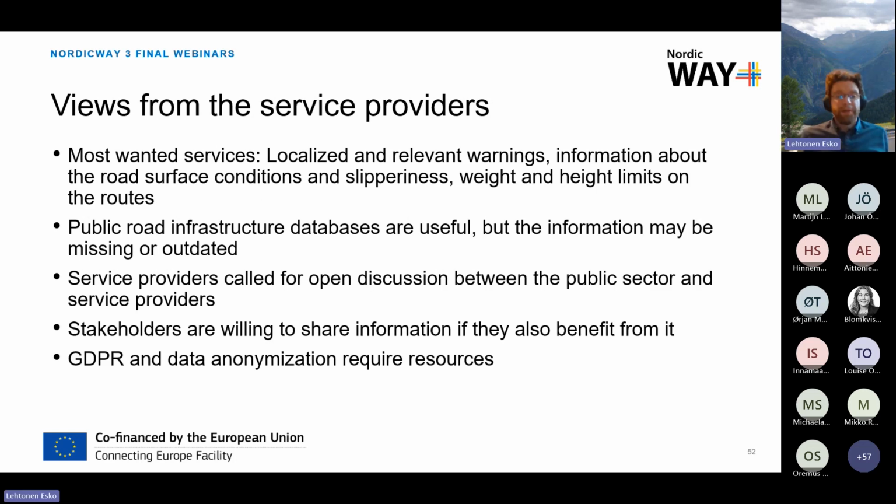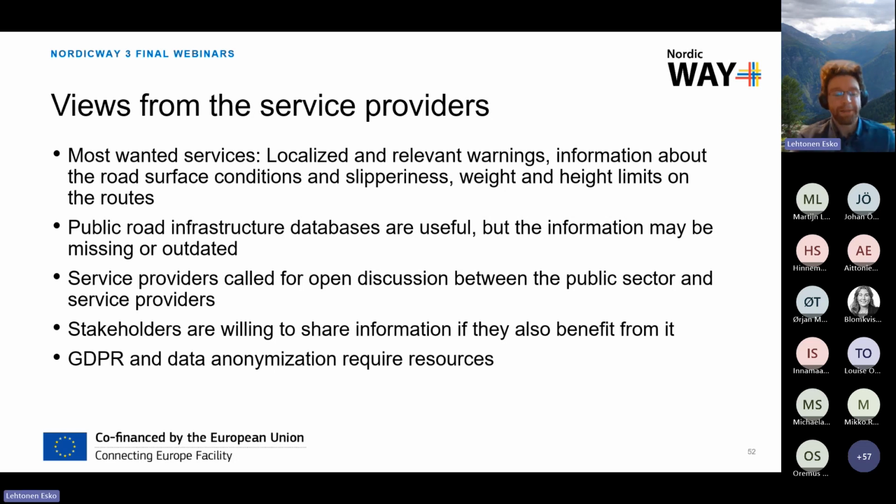Then we also had interviews with service providers who are actually providing some of the services. They told us that the most wanted services are localized and relevant warnings, information about the road surface conditions, especially on slipperiness, and weight and height limits on the routes.